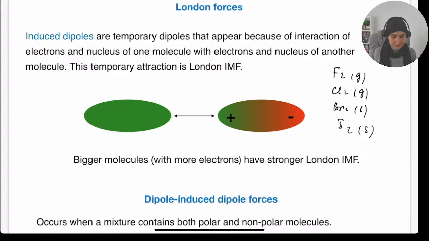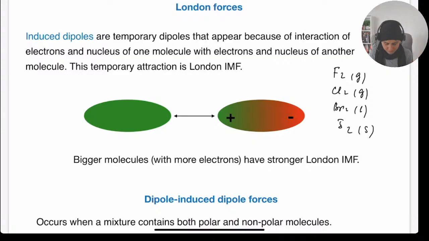For bromine, the room temperature is enough to make it liquid. For iodine, it's not enough at all. Yeah, so it stays as a solid, molecules held by London forces. That was London forces. Bottom line, even non-polar molecules have them, and London forces depend on the number of electrons in the molecule, or molar mass.